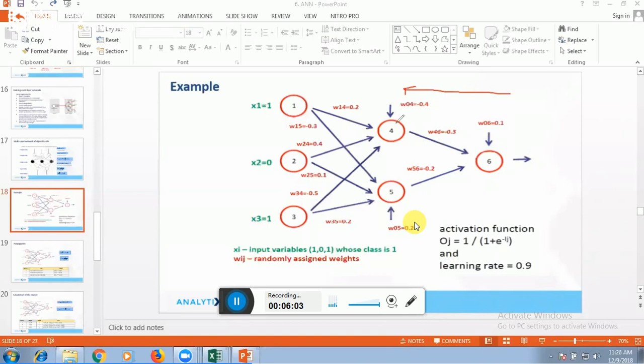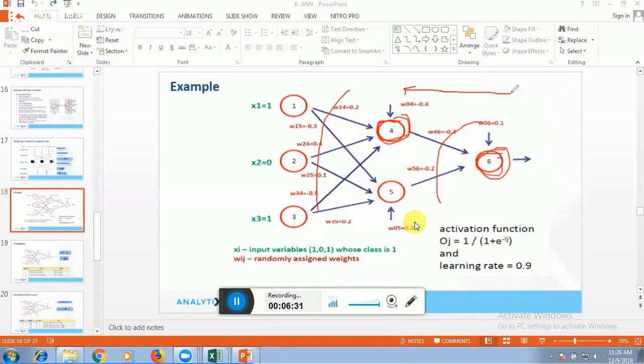Correct. For example, by assuming the output is this value, to achieve this value, first we make sure that the betas are adjusted properly, and those betas will give me my target output. To get this input, you adjust these betas in such a way that you get the output like this.